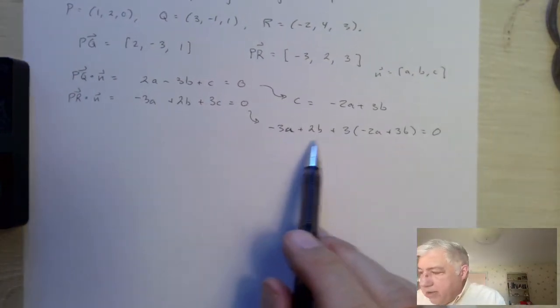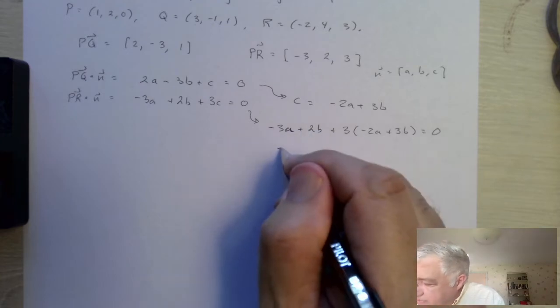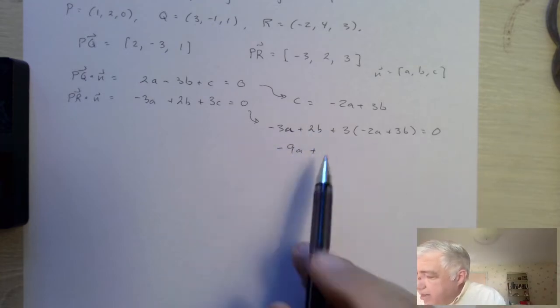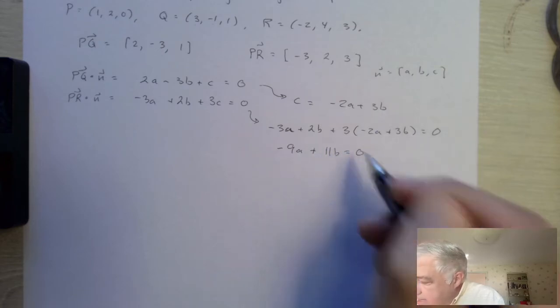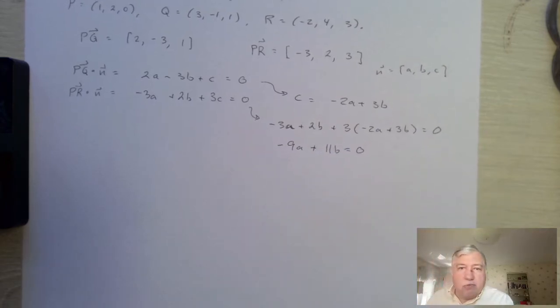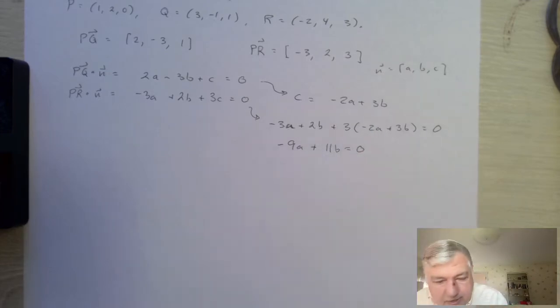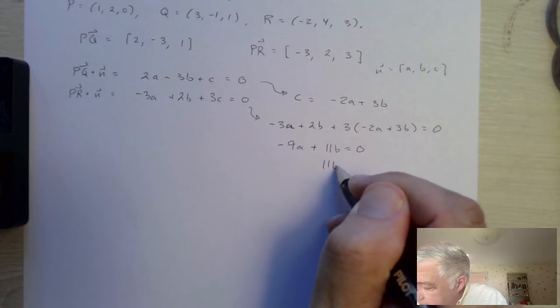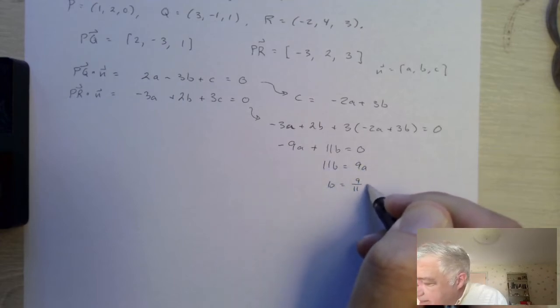If we collect like terms, we get minus 3A minus 6A, that's minus 9A, and 2B plus 9B is 11B. That's 0. Now we can write A in terms of B or B in terms of A, whichever you want. 11B will be 9A, and so B is going to be 9/11ths A.